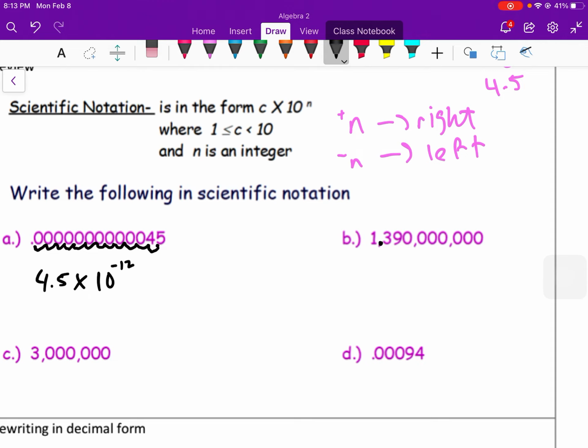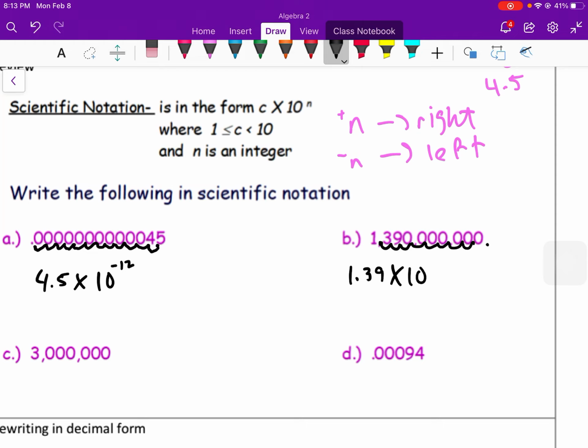In this next question, now our digit from 1 to 9 is going to be 1 and then 0.39. So 1.39 times 10 to the, it looks like we're going to move to the right all the way to right there. So to the right is going to be a positive exponent.